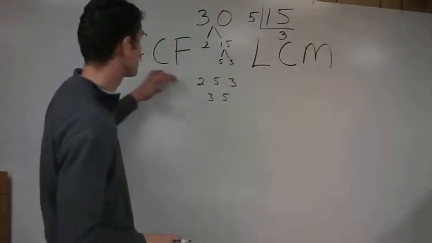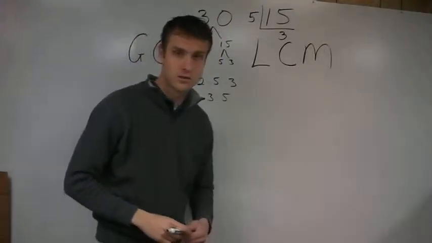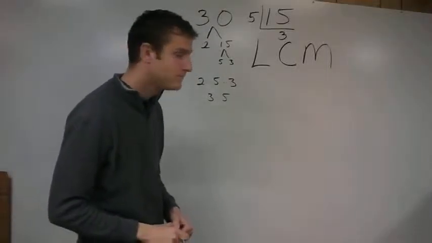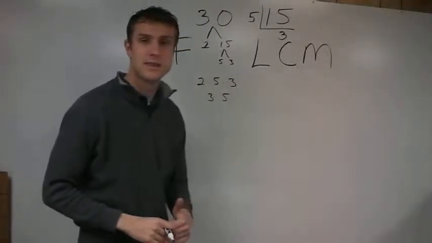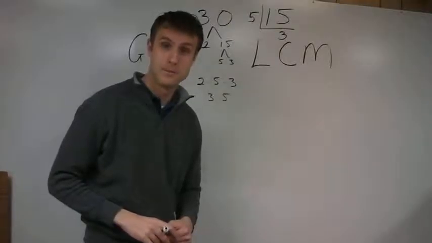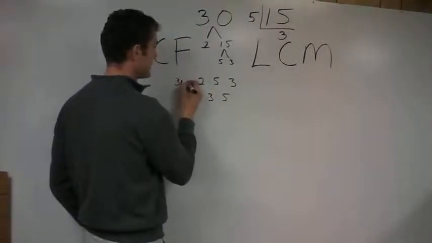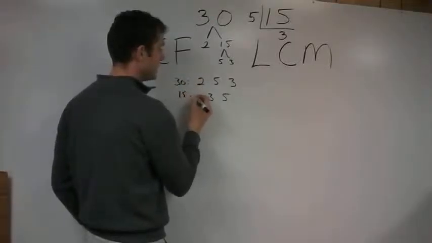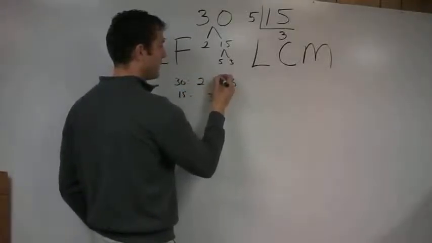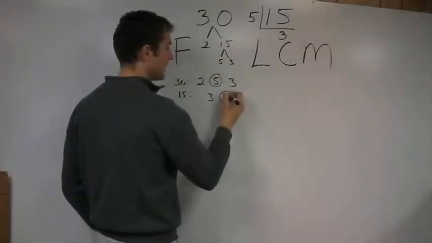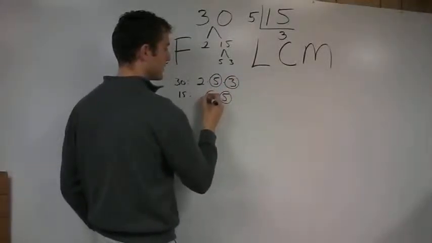If I would like to find the greatest common factor, what I'm going to do is find the factors that they have in common. Notice that both 30 and 15 have a 5 in common and a 3 in common.